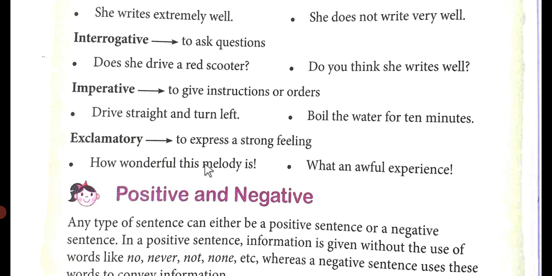For example, you can say here, how wonderful this melody is, delight, and what an awful experience. So, these are some strong feelings. These exclamatory sentences are used to express sudden, strong feelings.